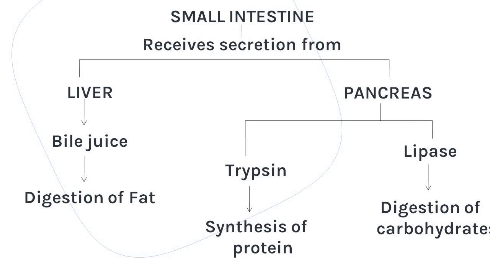Since the food that comes from the stomach is acidic, the bile juice from the liver makes it alkaline and helps in the digestion of fat. The pancreas releases enzymes called trypsin, which helps in the digestion of protein, and lipase, which helps in the digestion of fats.